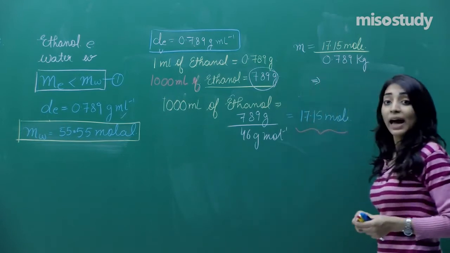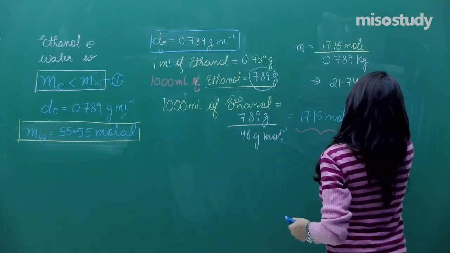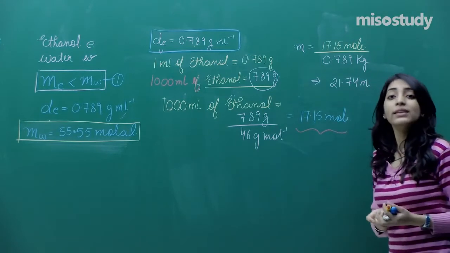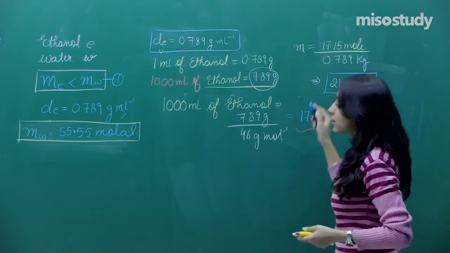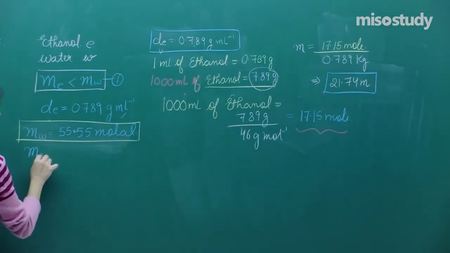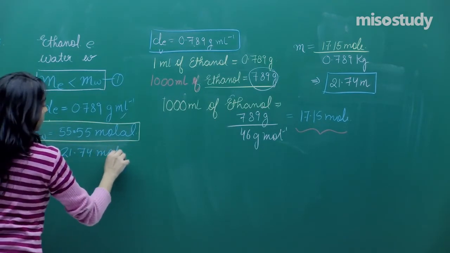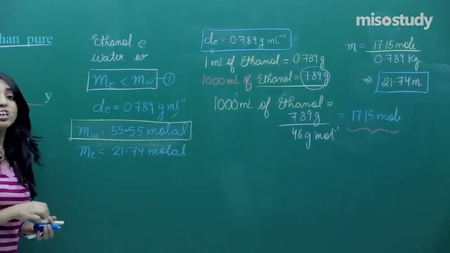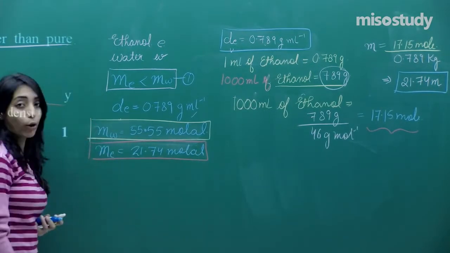You solve it and the value will come out to be 21.74 molal. So I am getting the molality of ethanol as 21.74, which is almost half compared to the molality of water.